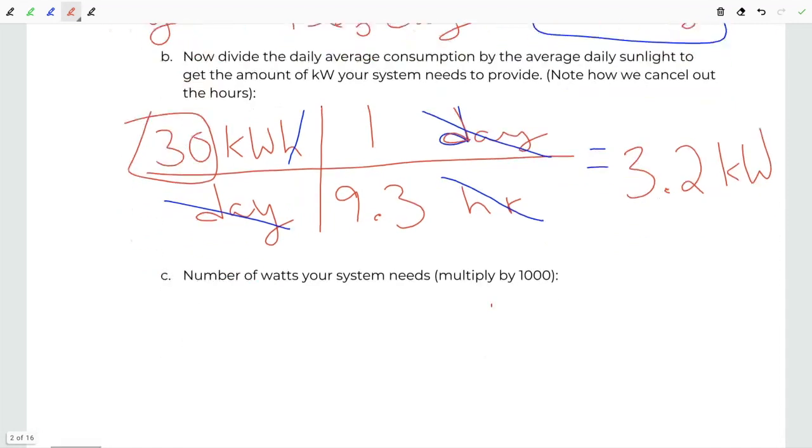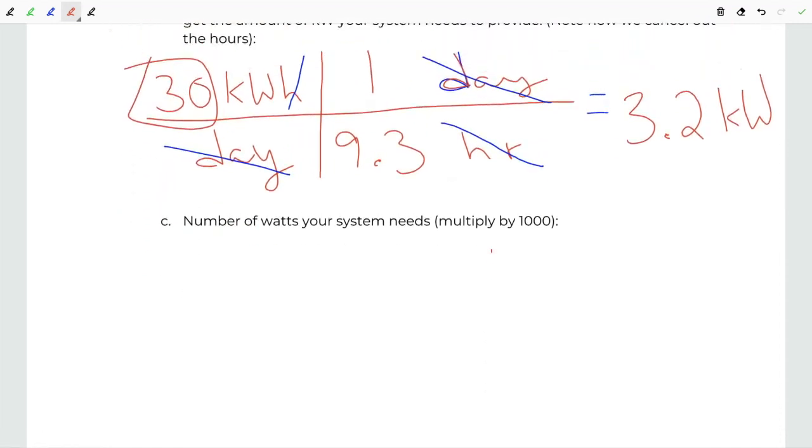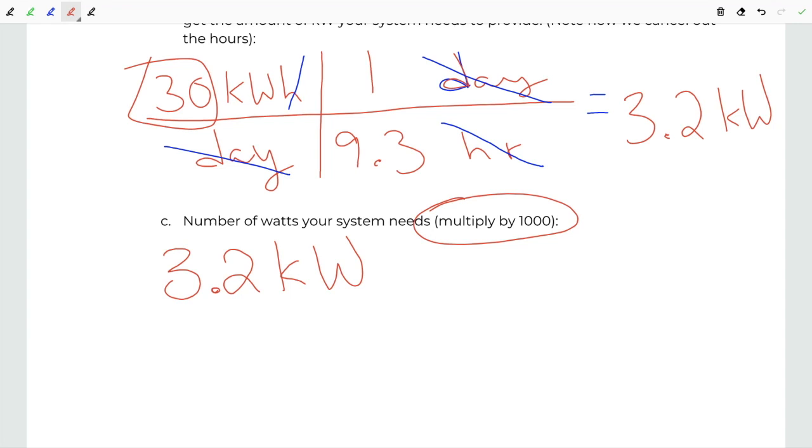Okay, now we want to know the number of watts our system needs, and we're going to set up these same train tracks. I know I'm telling you here just multiply by 1,000, but I want you to understand why. So 3.2 kilowatts, and then we're going to multiply.